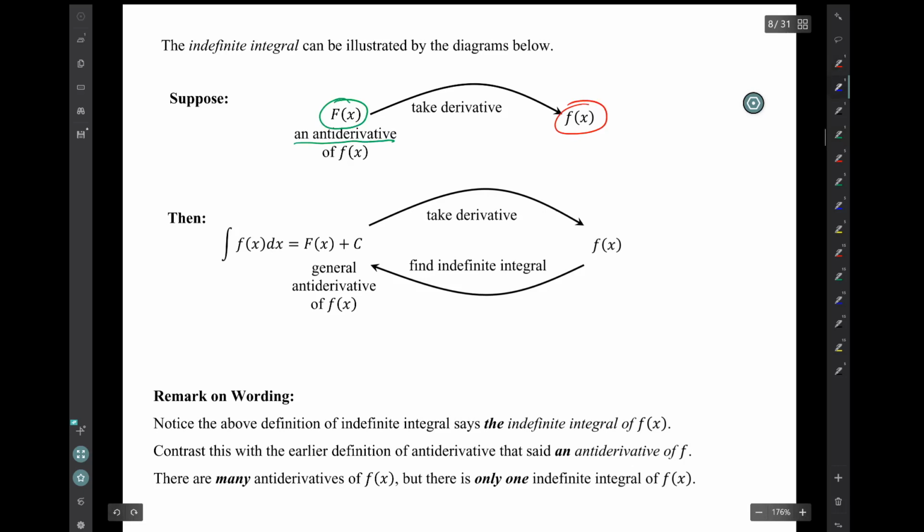Then the indefinite integral of little f is this general antiderivative, capital F of x plus c. And again, note the wording. When you talk about indefinite integrals, you say the indefinite integral, whereas when you talk about antiderivatives, you say an antiderivative. That's because there are many antiderivatives, but there's only one indefinite integral.